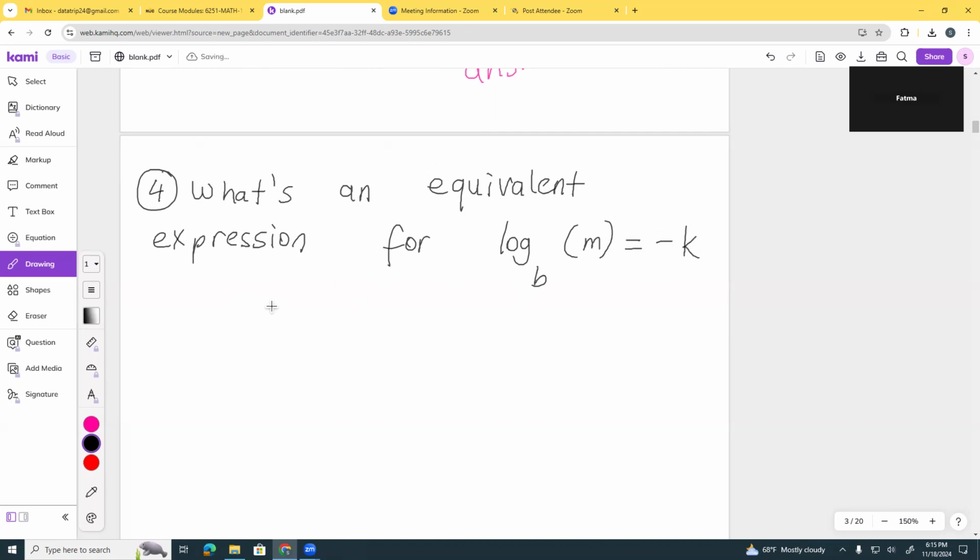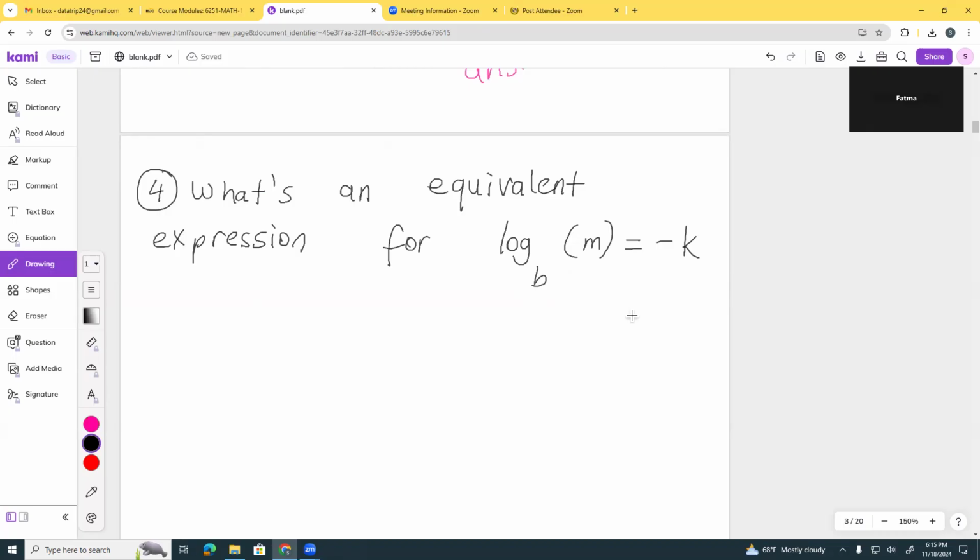So what is an equivalent expression for log base b of m equals negative k? This is actually a question asking you, can you change this log equation to an exponential equation, right? And we have done tons of these.